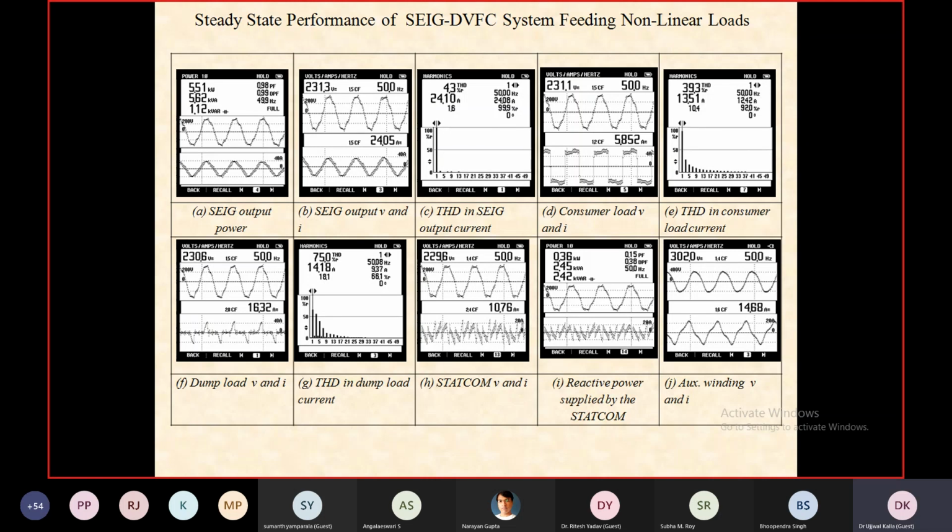The generator was designed to generate 3.7 kilowatt output power at 26 ampere. Here the same generator is generating 5.5 kilowatt power at 24 ampere without increasing the stator current. We have increased 33% more power.